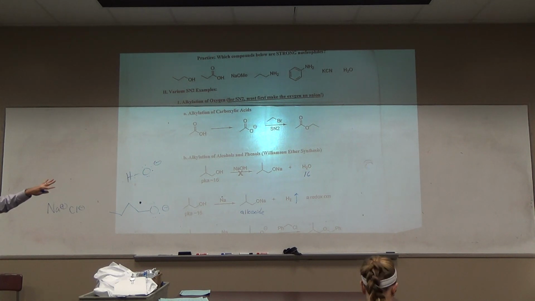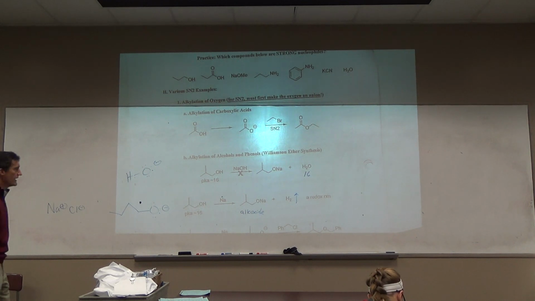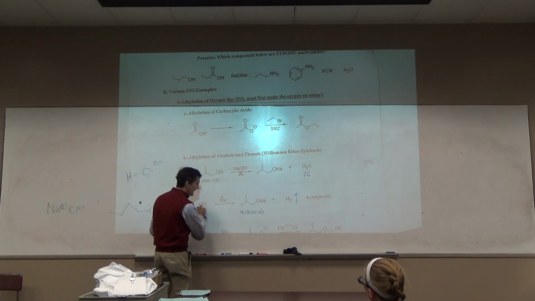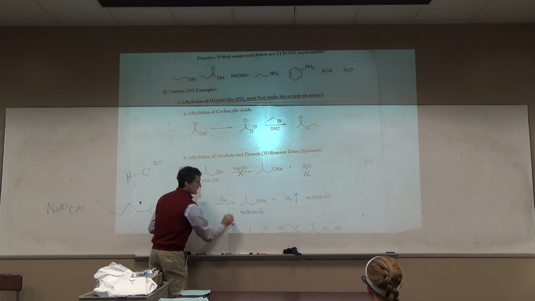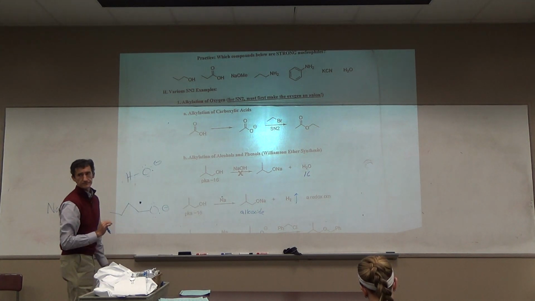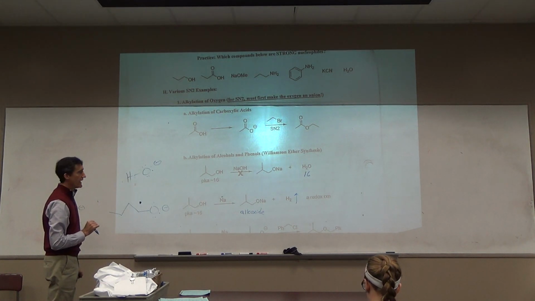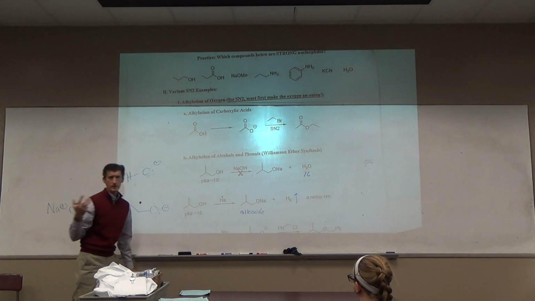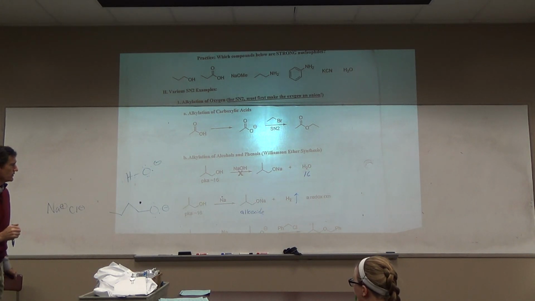If you want to balance that, you can. It's not balanced right now. But that is a common reaction. It's not really an acid-base reaction, although it did remove the H to give the anion. It's really a redox reaction. And we're not going to be able to do an acid-base mechanism because sodium doesn't even have a lone pair.